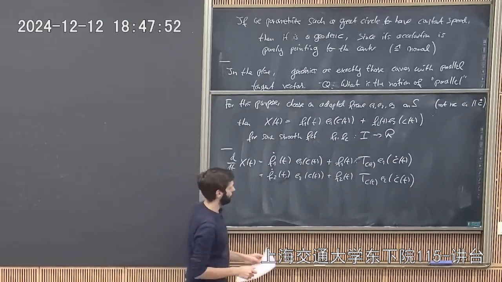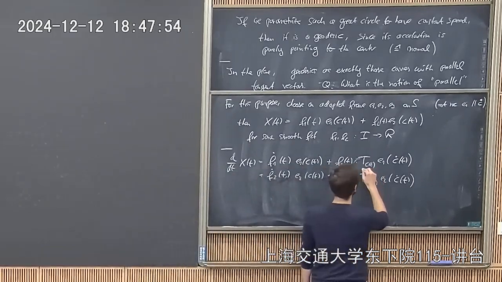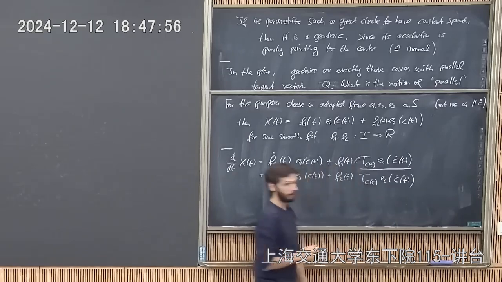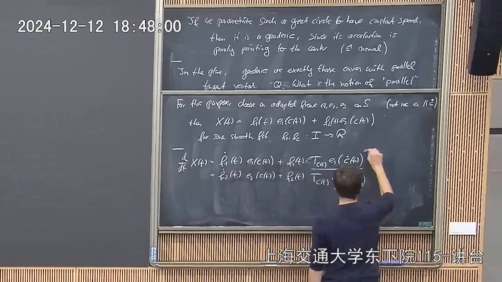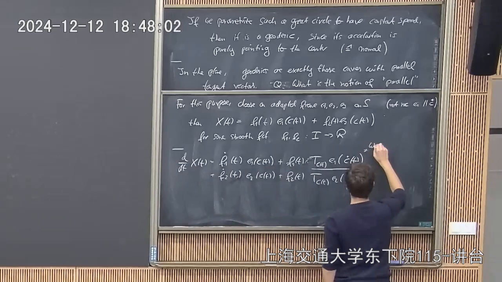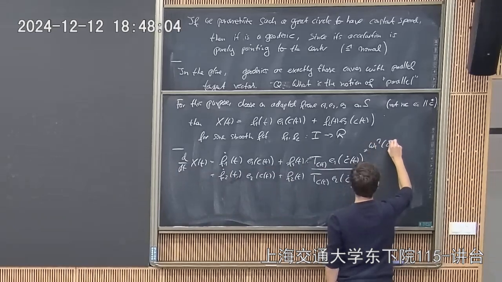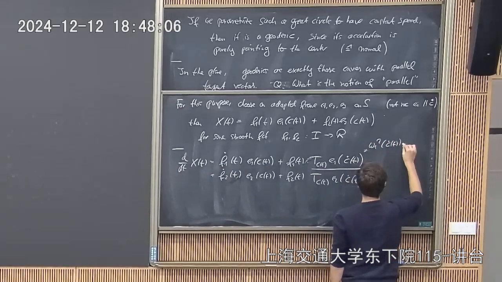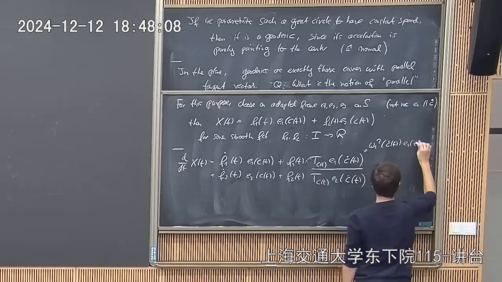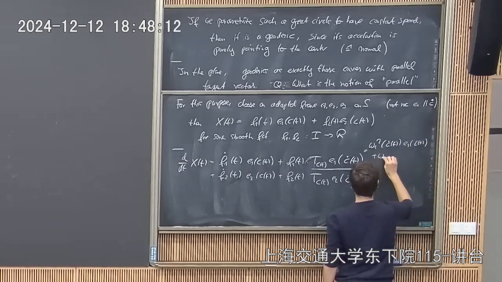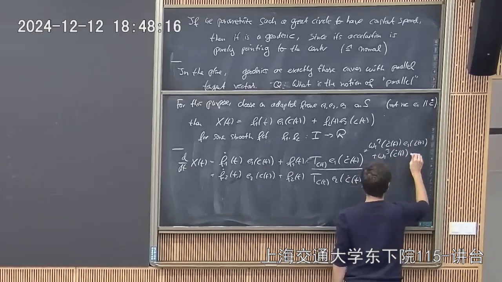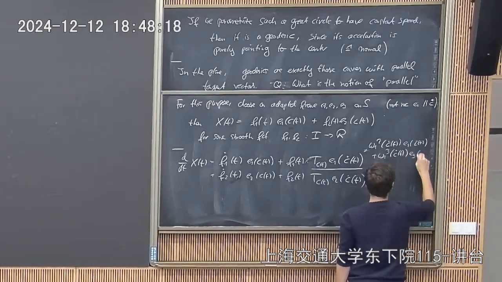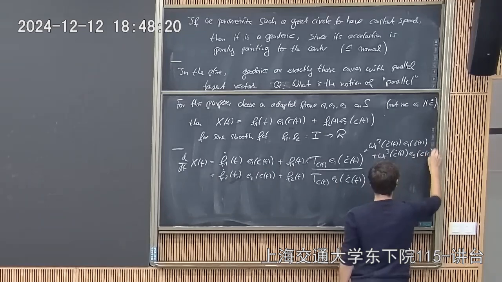So now recall that we can write this guy here again using the connections. So we can write this one as omega 1,2 of C of t in E2 direction, plus omega 1,3 of C of t times E3 at C of t.